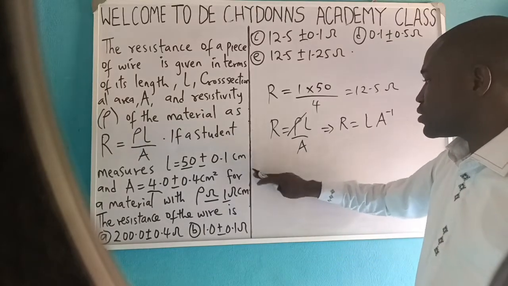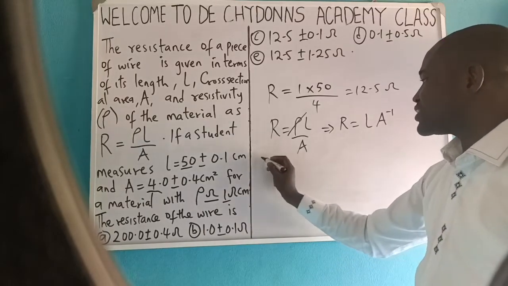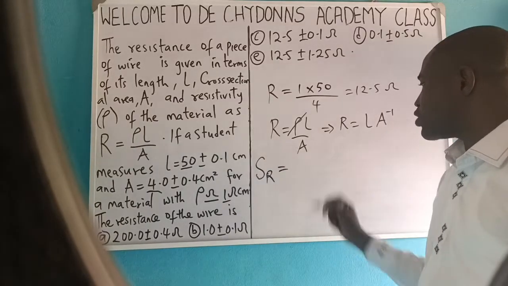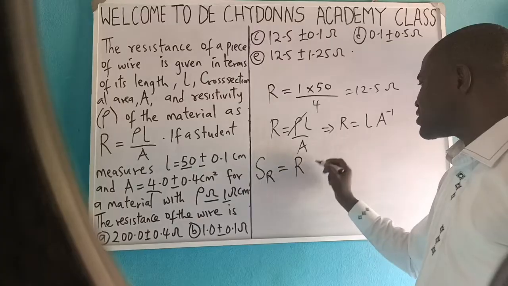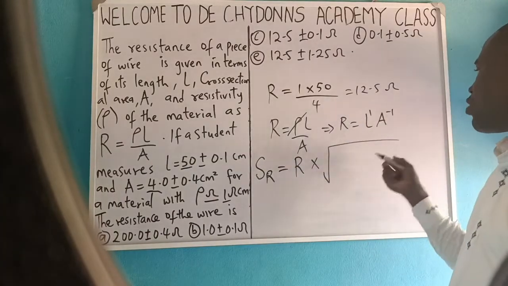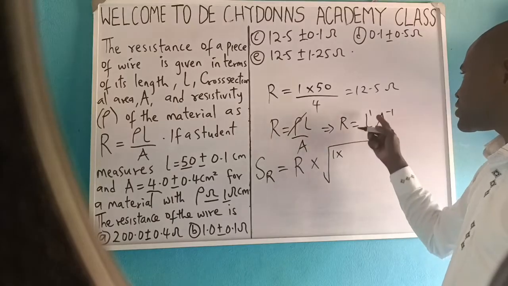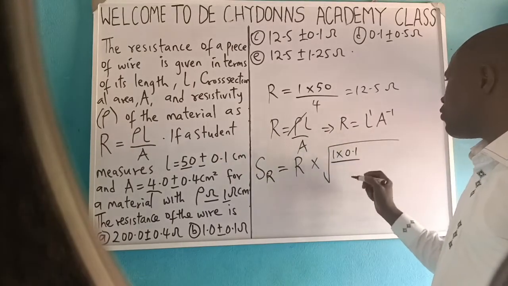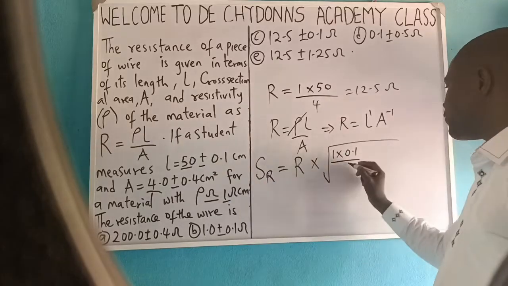R. The error in getting R, using standard error, in getting resistance is equal to the resistance times square root of, this is power of 1 times, what is the error? 0.1 all over what? What is the L? 50.